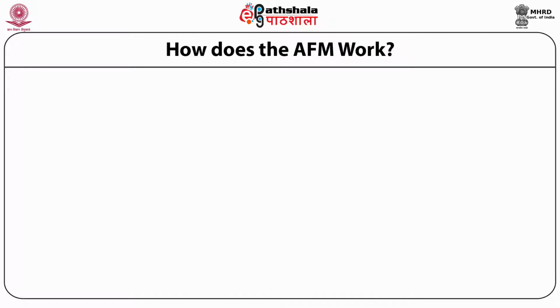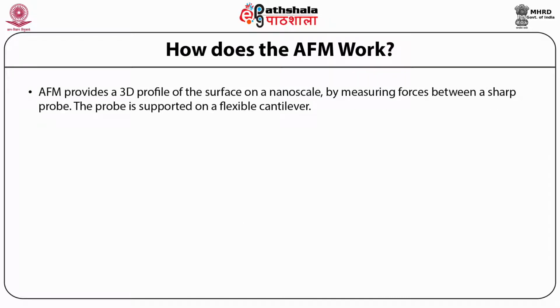How does the AFM work? AFM provides a 3D profile of the surface on the nanoscale by measuring force between the sharp probe and the sample. The probe is supported on a flexible cantilever. The AFM tip gently touches the surface and records the small force between the probe and the surface.